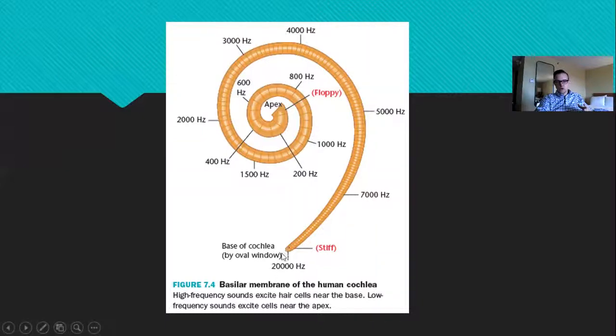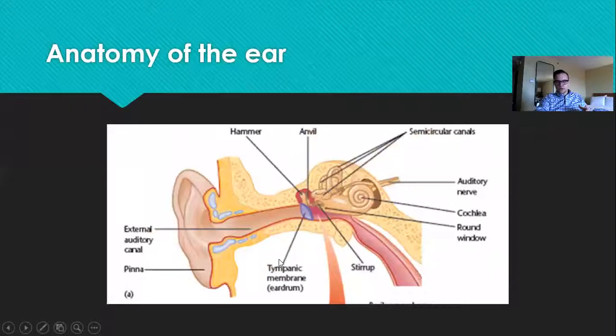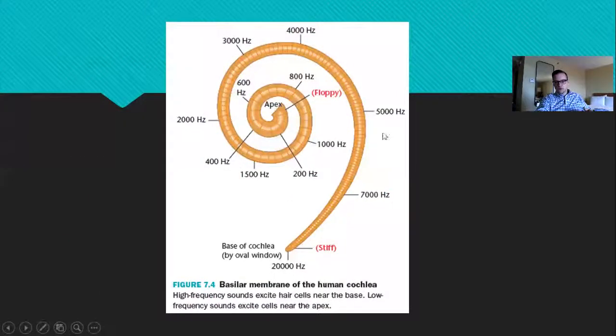Here's the oval window, and here's the apex of the cochlea. If we go back to look at the cochlea, you've got this spiral pattern. That's what's causing that spiral pattern in the basilar membrane.